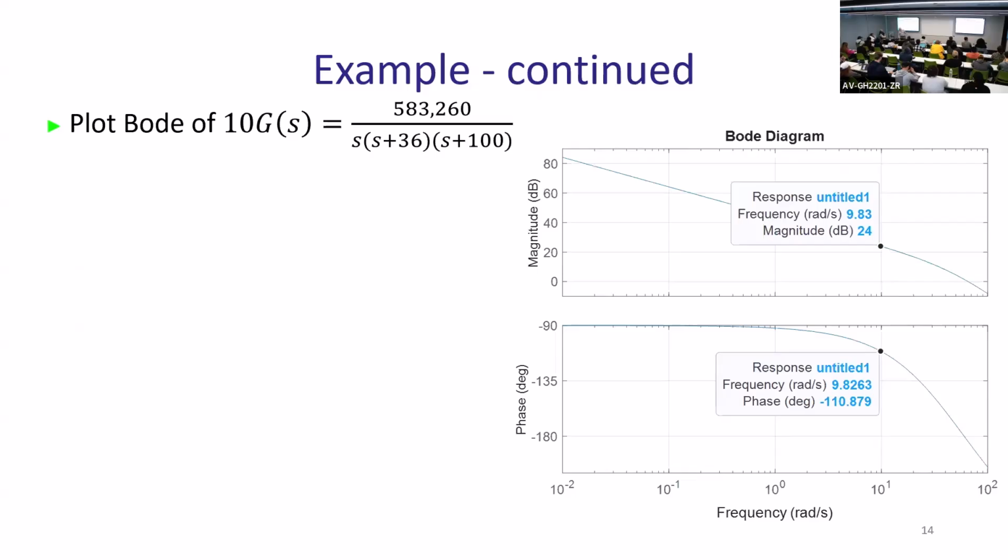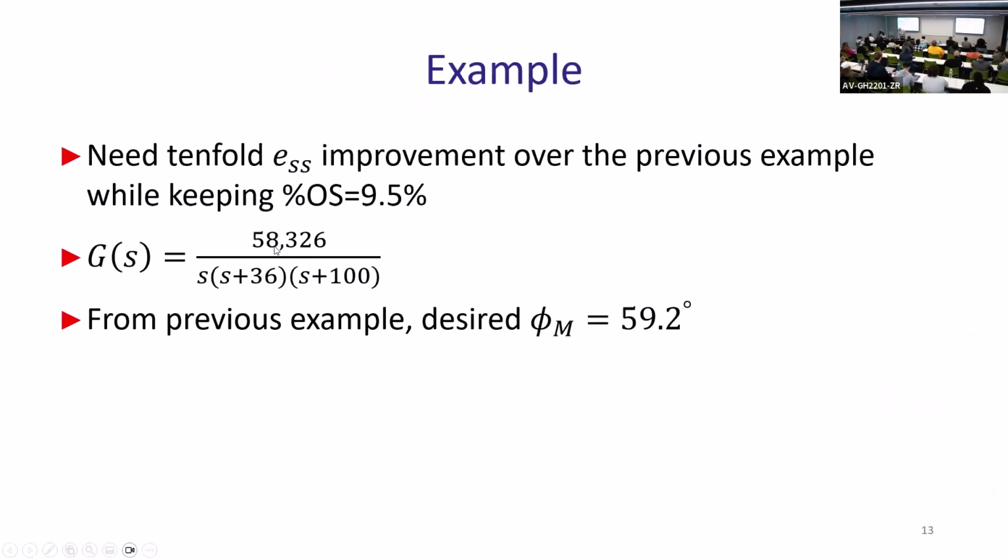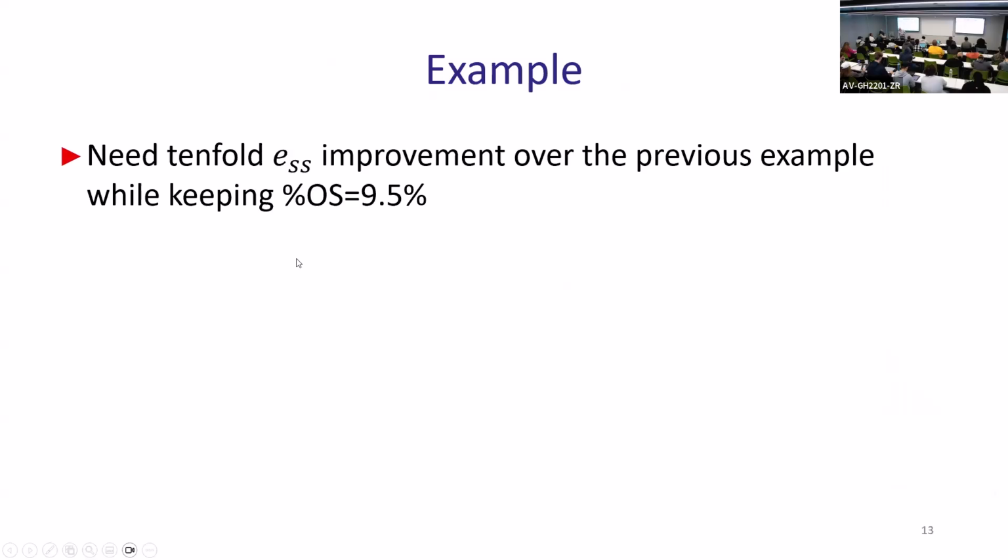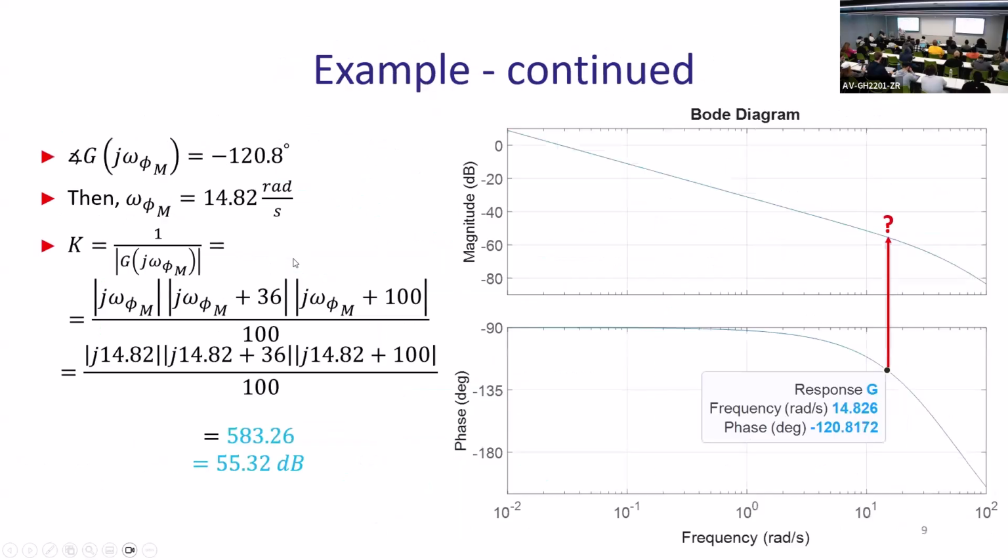So we're plotting that kind of gain. If you remember, our answer for the previous K design was 583.26. And the original transfer function was multiplied by 100. You remember the transfer function? Just to remind you what it was.